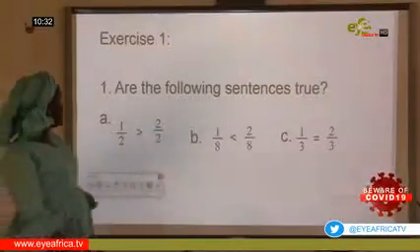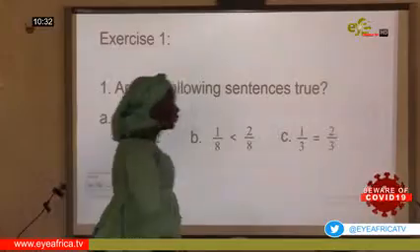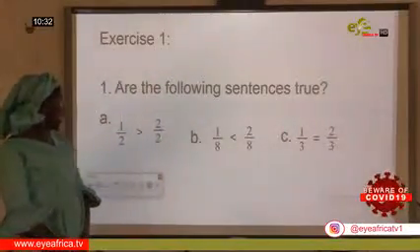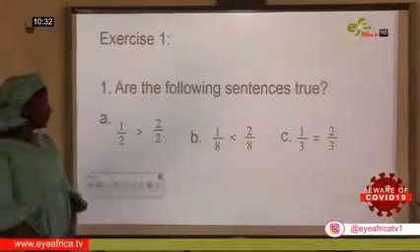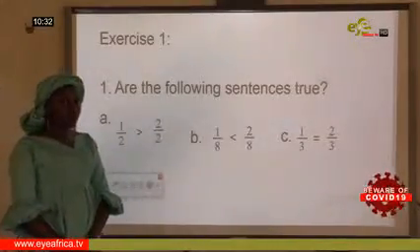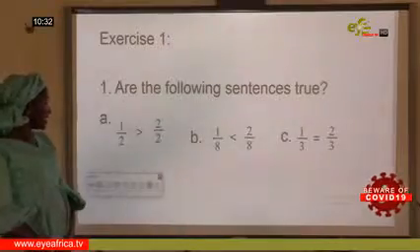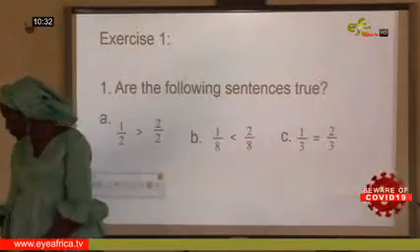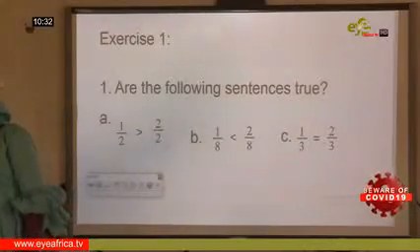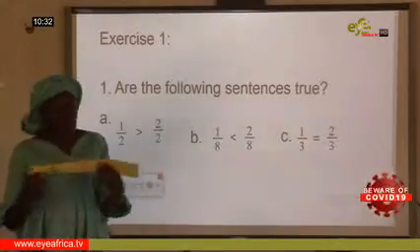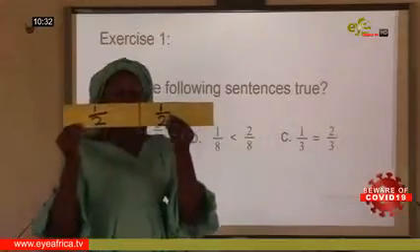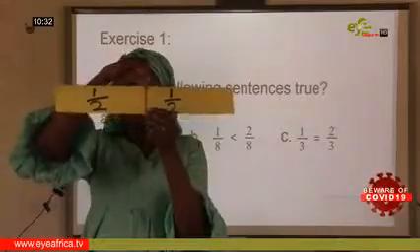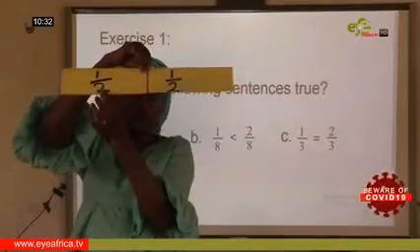Next one, are the following sentences true? A: half is greater than 2 over 2. By looking at this chart, here we are at half, that is 1 over 2.